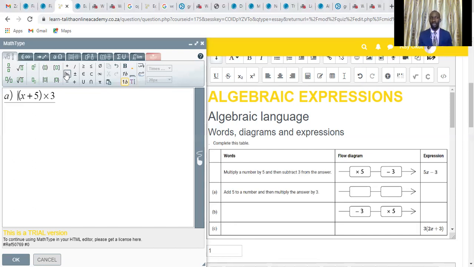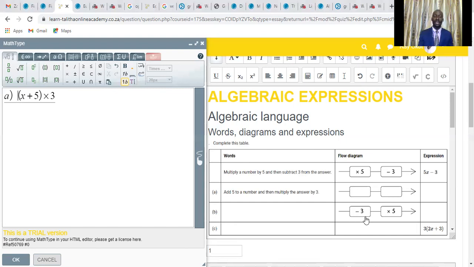Now, the next question does not have a worded expression. It simply has a flow diagram, and we are supposed to get from it an expression. Think of a number, or simply subtract 3 from a number. Okay, not to a number, but from a number. So subtract 3 from a number and then multiply the answer by 5.